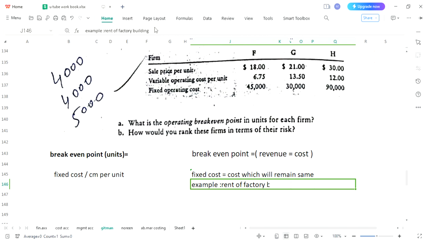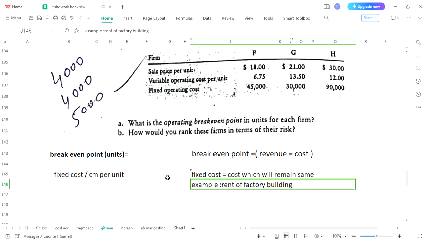Now tell me, if you are working for 1 day, or 15 days, or the whole month for 30 days, would rent change? No, rent would remain the same. Even if you are not working at all in a particular month and your factory was closed, you have to pay your rent in a fixed way. Whether you are working with 20 laborers or 30 laborers, your rent would be fixed.